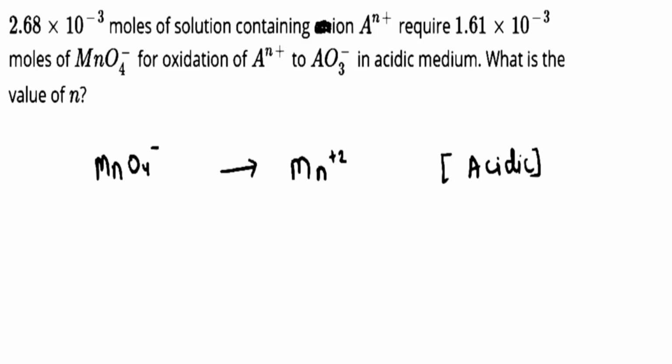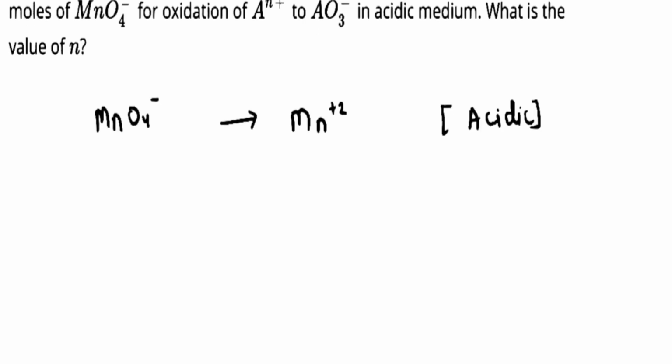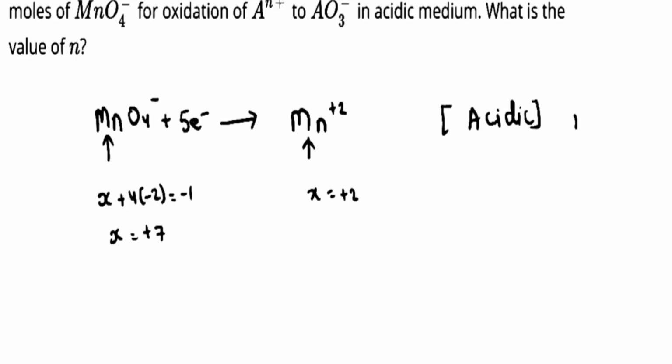Since the oxidation state of Mn here is x + 4 × (-2) = -1, x equals +7, and here the oxidation state is +2. So reduction is taking place with the addition of 5 electrons. So we can write the n factor equal to 5.